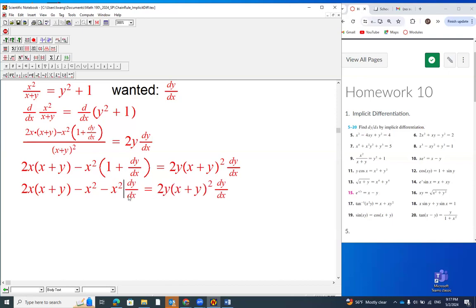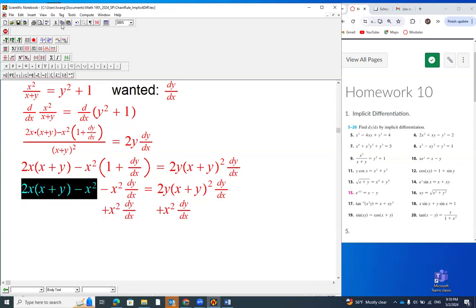And now dy dx here, dy dx here, then we should add this term on both sides. Okay, so we're going to add this term on both sides. Right, so this side is only left with the term without dy dx.